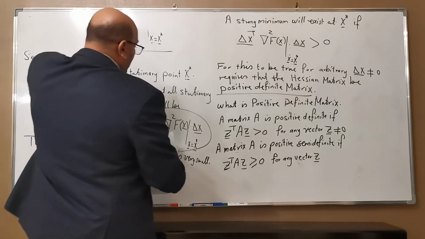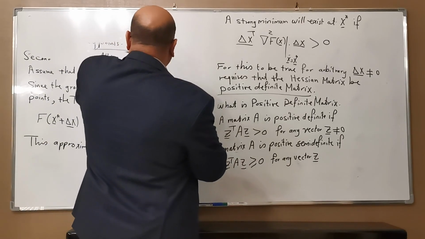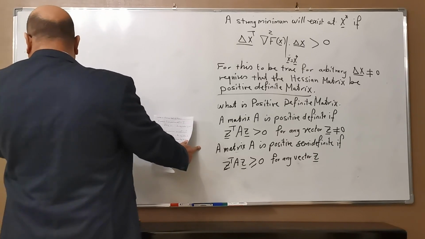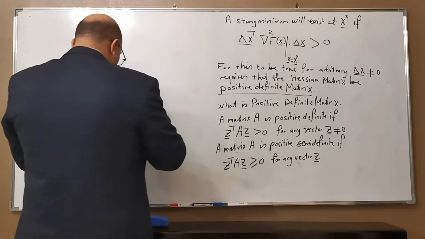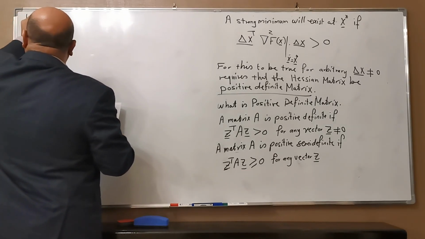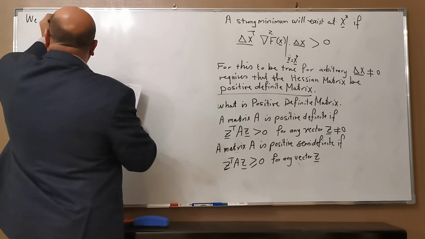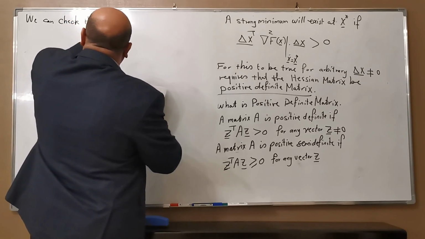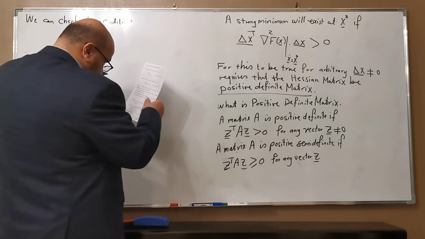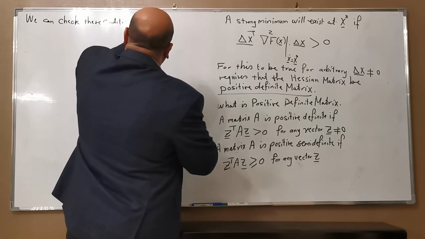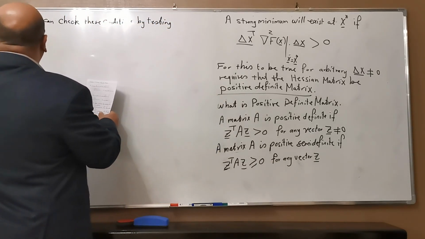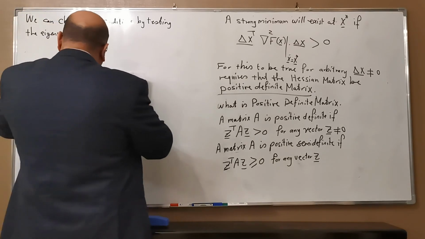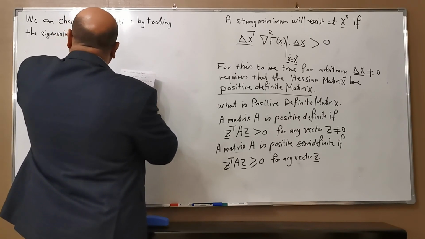Now, there is an easy way to check for the positive definiteness by looking at the eigenvalues of the matrix A. So we can check these conditions by testing the eigenvalues of the matrix.